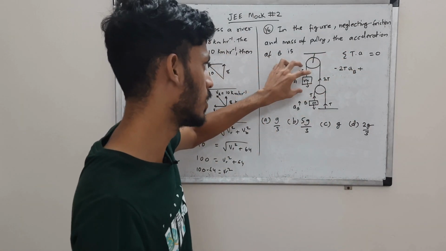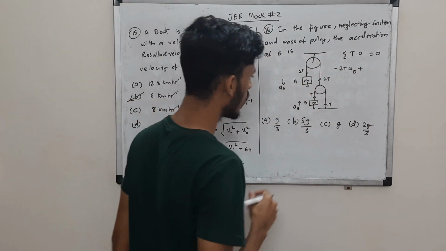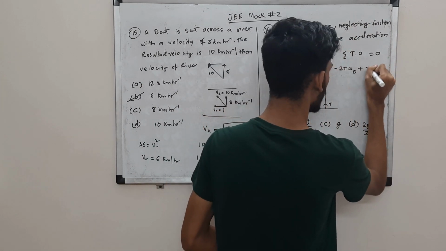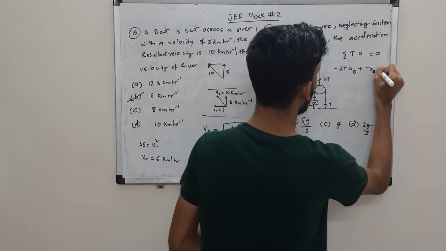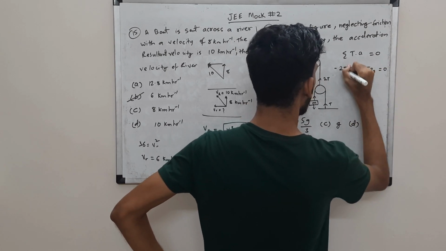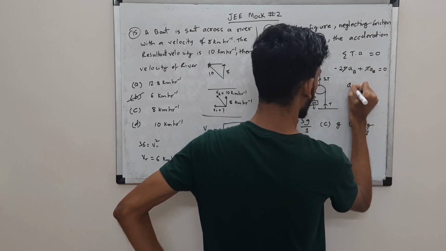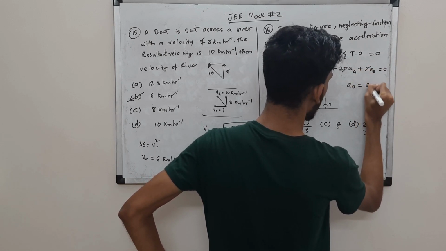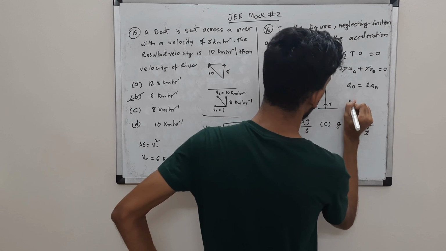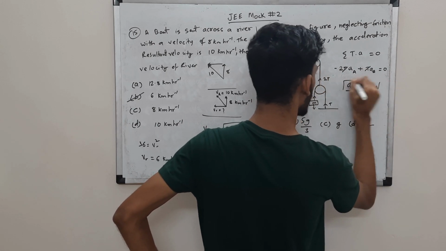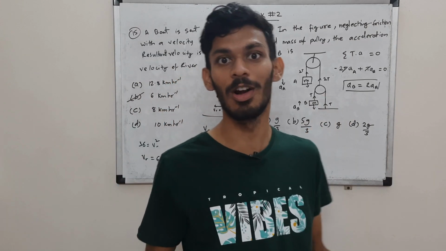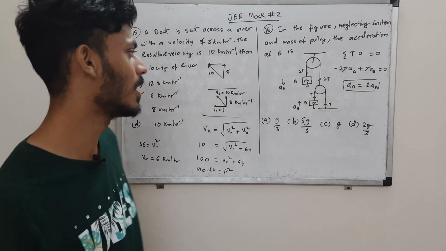For this block, the acceleration of B is in the upward direction and T is also in the upward direction, so it's positive, cos 0 is 1 basically. So T and T will get cancelled. The acceleration of B is twice the acceleration of A. So this is the relation between the acceleration of A and B. Note that they are not equal, right? This is a movable pulley.